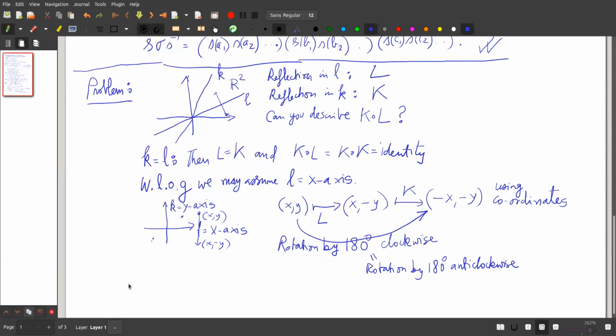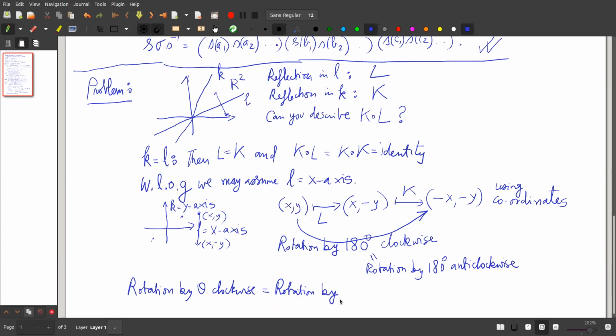Because generally, rotation by theta clockwise is what rotation anti-clockwise? If I turn something clockwise by theta, to undo that, what should I do?